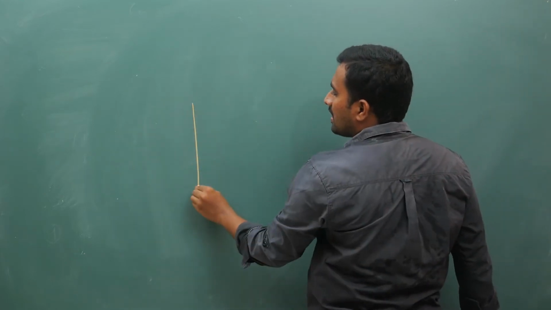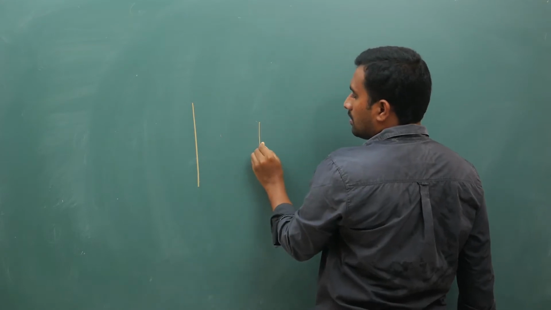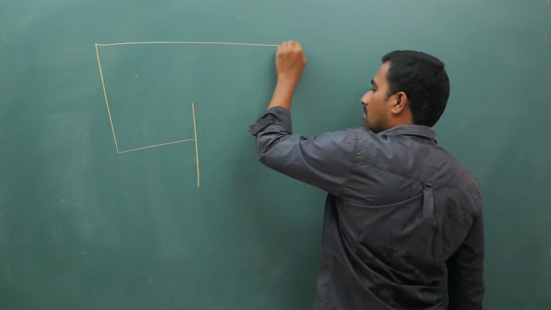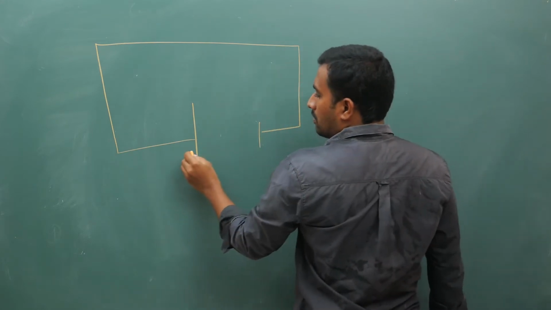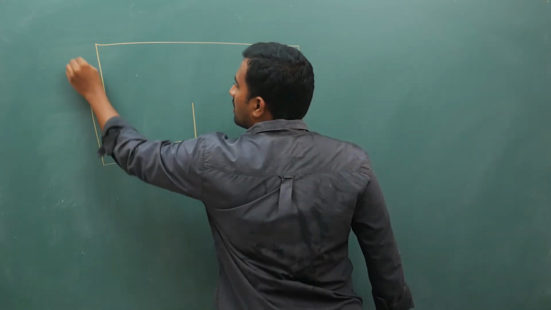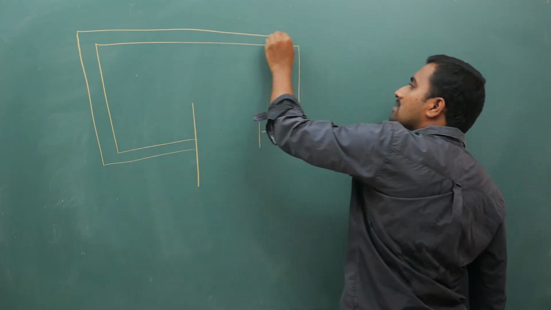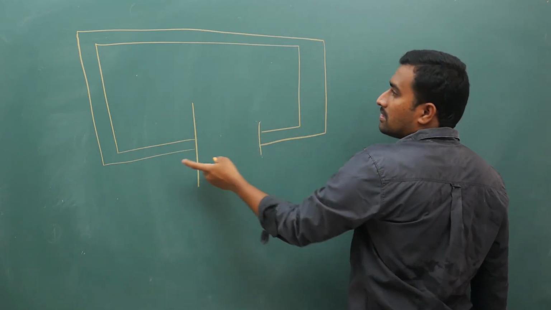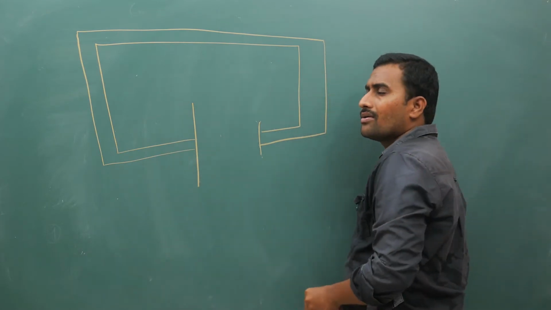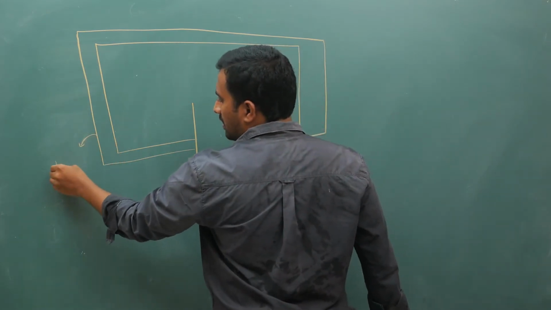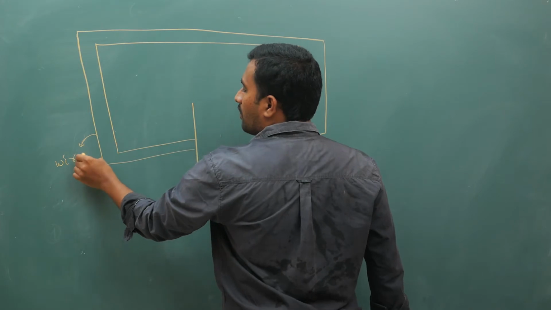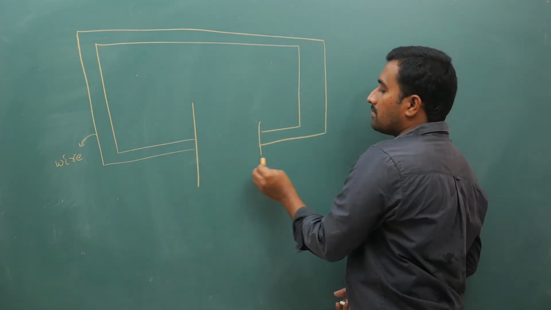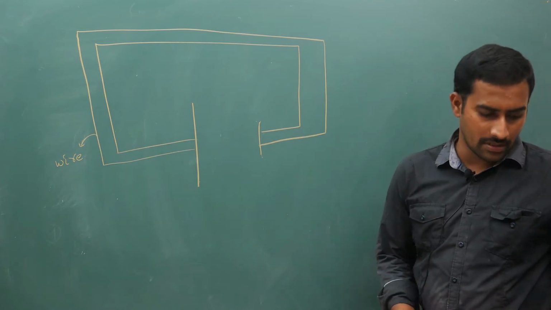Let us say you have a cell, and outside there is a wire. Your cell's duty is that it will provide potential difference. This part is your wire. Now this is your positive terminal, this is your negative terminal.